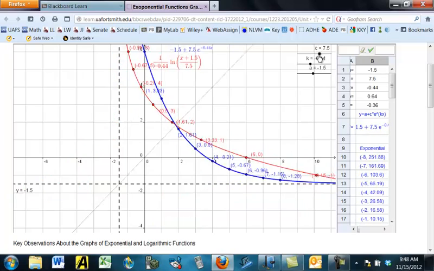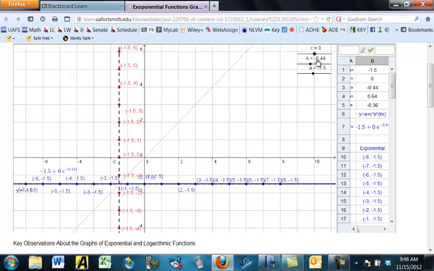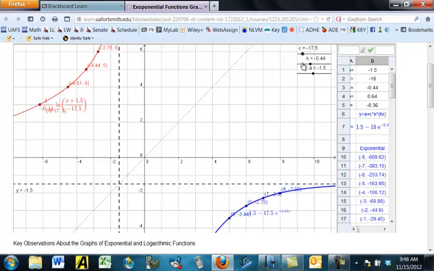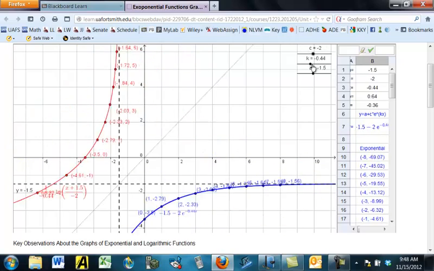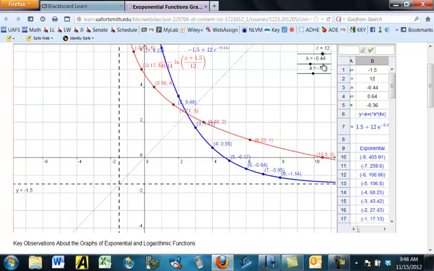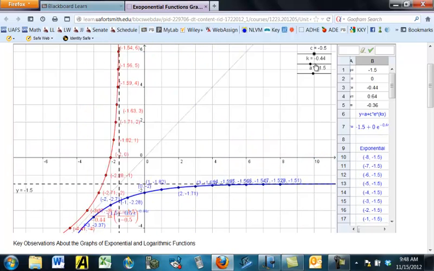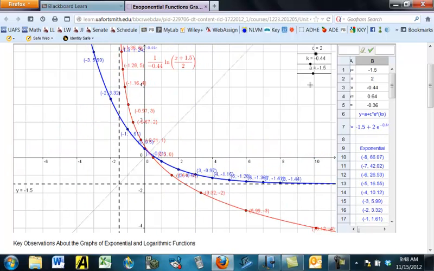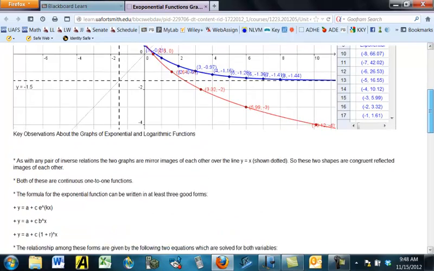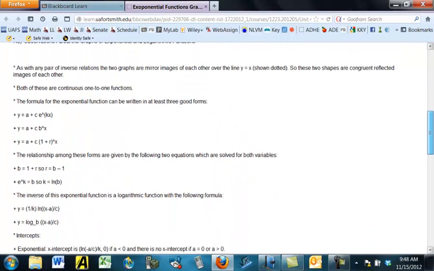Positive C, the red one's to the right. Negative C, that's to the left. Blue one, the exponential, is always above the horizontal asymptote with the positive C, below the asymptote with the negative C. So I think we've kind of seen most of the basic characteristics there, and I actually summarize a lot of these down here below.